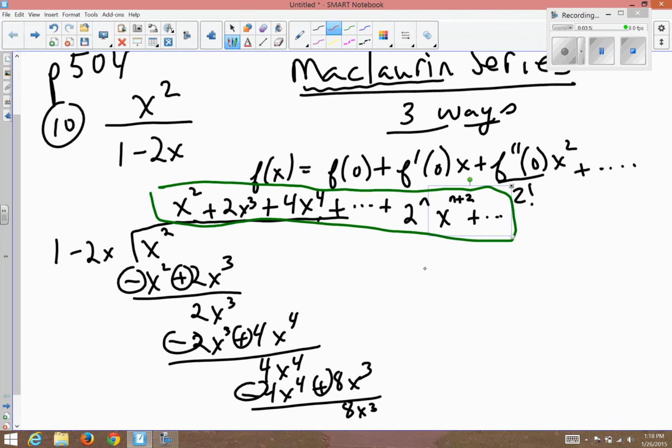So another way to write the answer would be sigma of 2 to the n times x to the n plus 2. So the n actually would have to start at 0 in order to see this first term here and go forever. And if it's 0, then 1, 2, and 3.